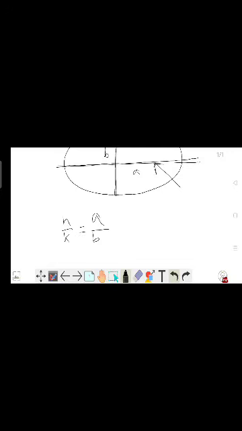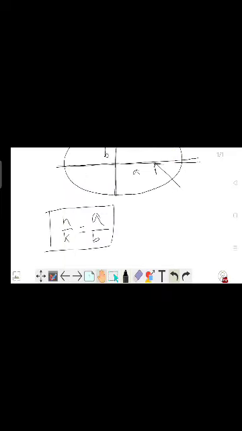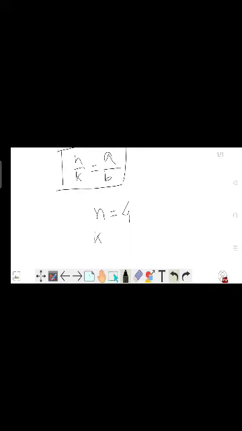So that is the value of n by k, and this k, known as the angular quantum number, has values such that if n equals 4, then k equals 1, 2, 3 and 4.